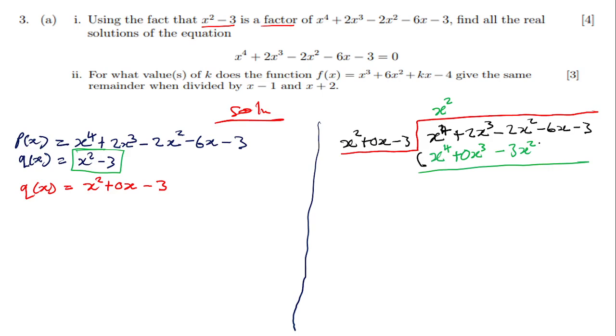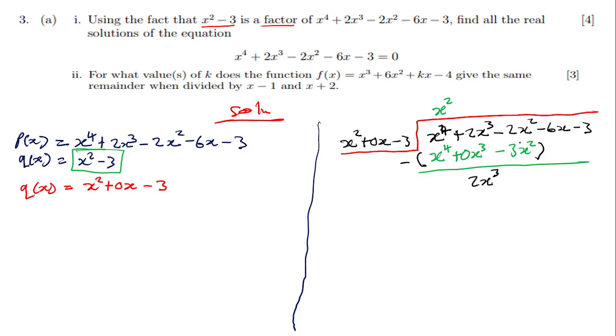So just like we did, you say x to the power 4 minus x to the power 4 is 0. Then 2x cubed minus 0x cubed is going to be 2x cubed, like that. Then negative 2x squared minus 3x squared, so this will be a plus.